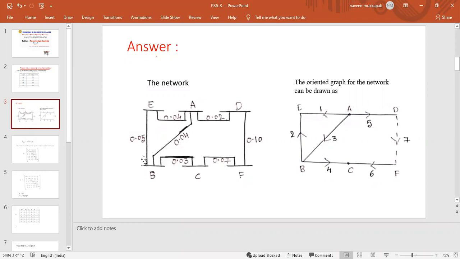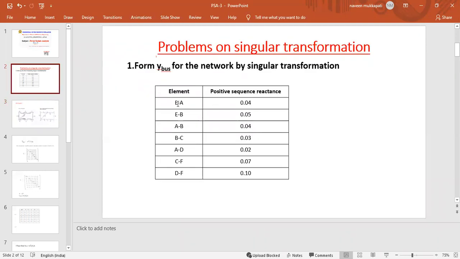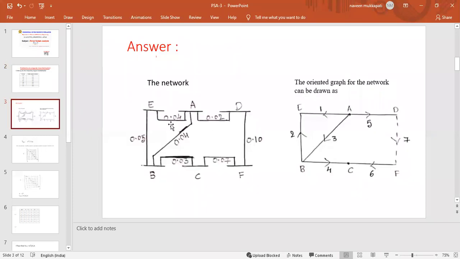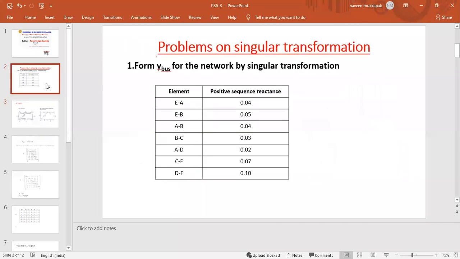First of all, what is the element E to A? E to A is 0.04. What is the second element?